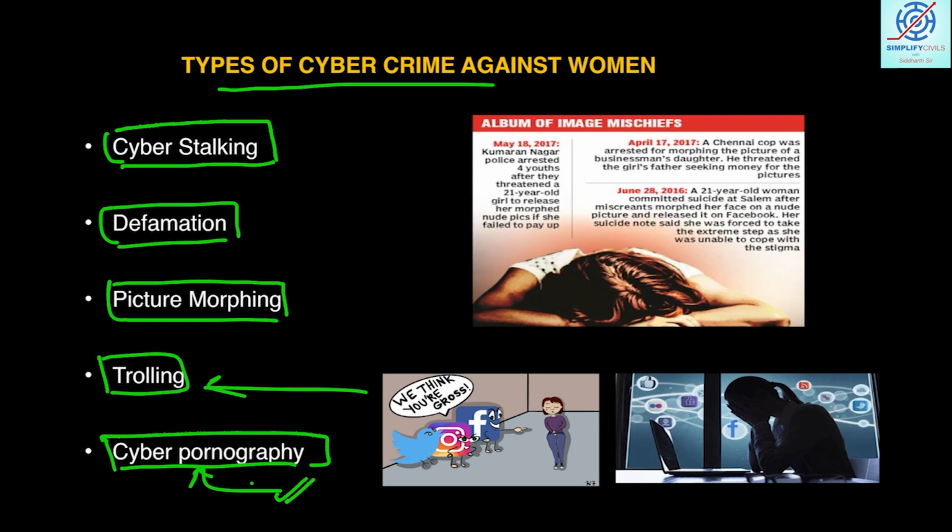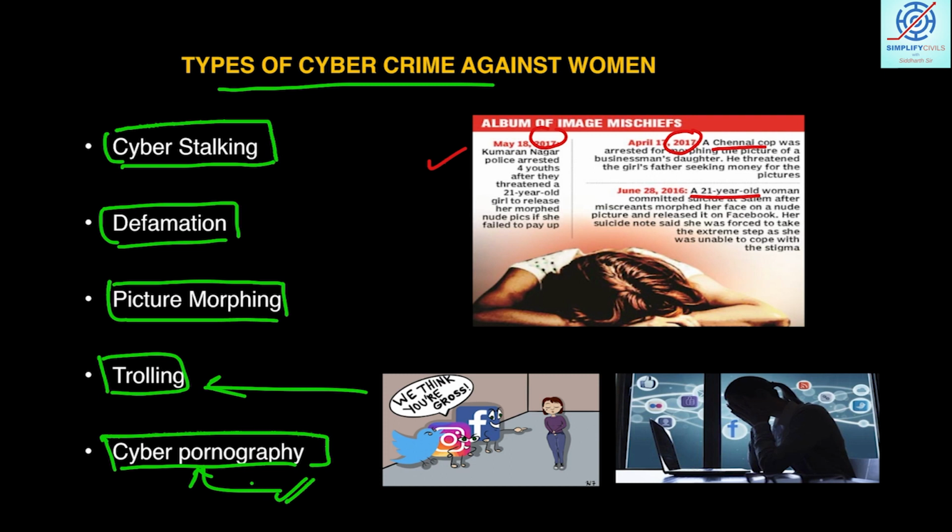Okay, students, here is data from 2017 regarding these problems. In April 2017, a Chennai cop was arrested because he was morphing the photographs of a businessman's daughter, and a 21-year-old girl committed suicide because she was a victim of such problems.